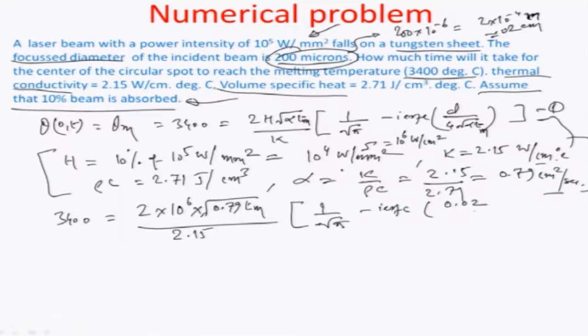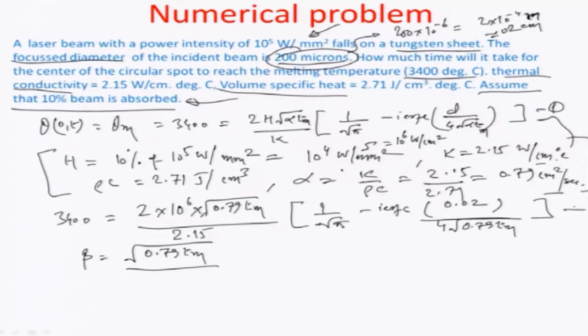So this can be divided by the term 4 root of again 0.79 Tm. Okay. Let us call this value beta, root of 0.79 Tm, and we try to calculate the value for beta from this particular equation here.